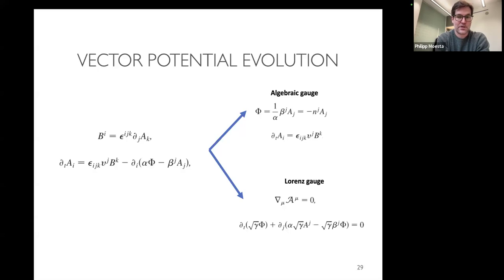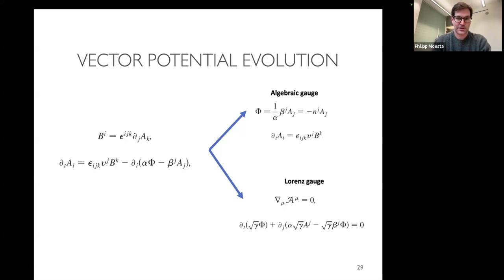Vector potential does not automatically give you that, and then it depends a lot on what kind of system you're looking at. If you have a lot of mass flow across a mesh refinement boundary, maybe the vector potential is not the best choice. But if you're dealing with binary inspirals, for example, vector potential seems to be doing quite well, as it's a bit harder to get this to work in constraint transport.